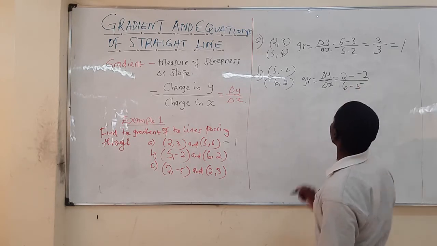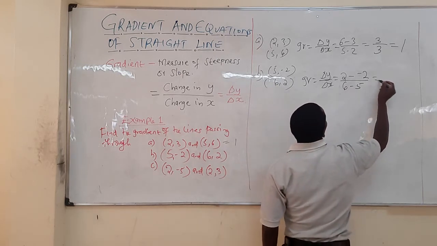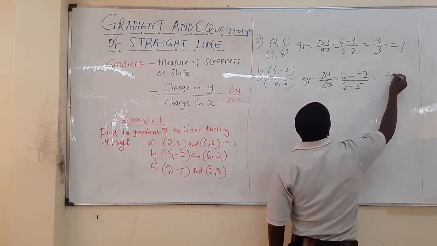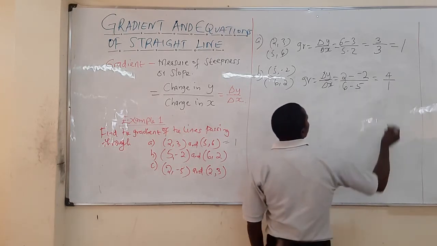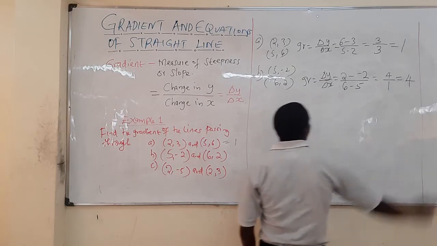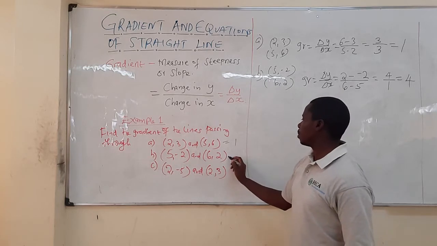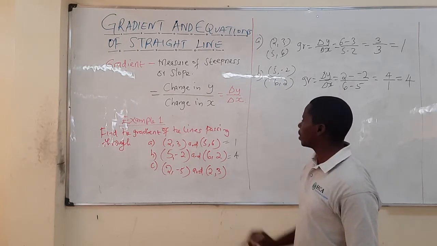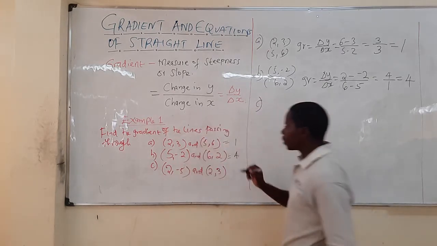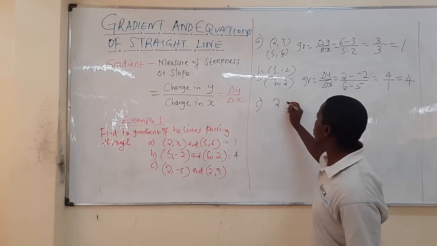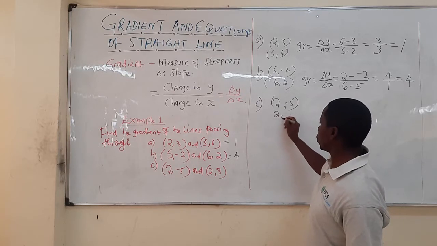So 2 minus negative 2 is 2 plus 2, you get 4. Divided by 6 minus 5, which is 1. So 4 over 1 is 4. So the gradient of the second part is 4.